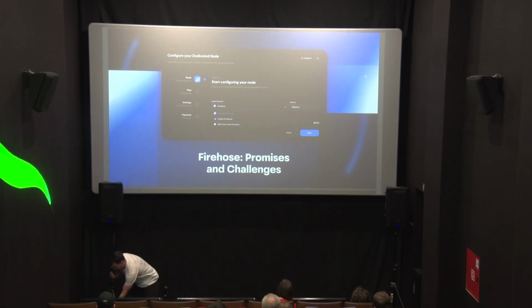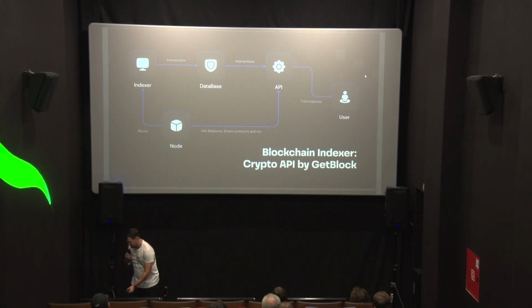So let's talk about our native solution of this class, Crypto API by GetBlock, or as we call it, the Indexer. While working with blockchain RPC add-ons by other teams, we decided to create our very own indexer technology, GetBlock Crypto API. It is a comprehensive system designed to process and aggregate data from blockchain networks.